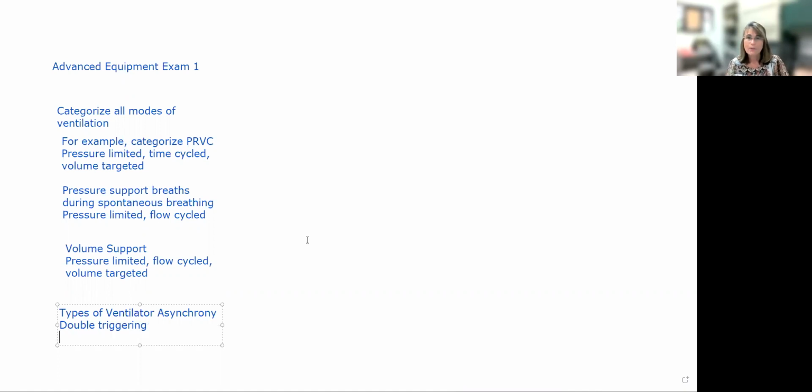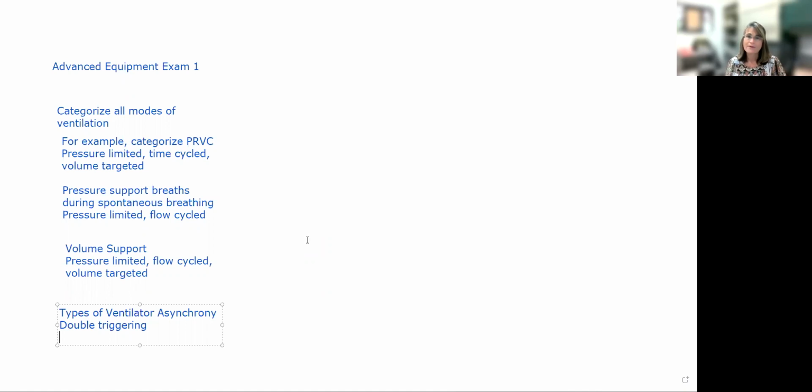And we talked about ways to fix that. So if the ventilator is set in pressure control, just giving a longer inspiratory time will allow the patient to take in a bigger breath. In PRVC, it may help to increase the inspiratory time.